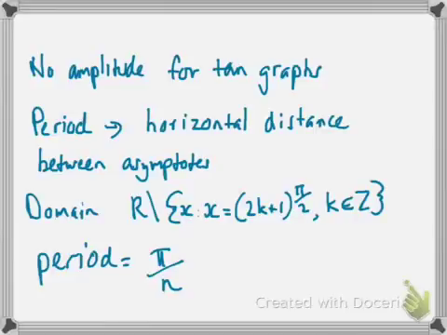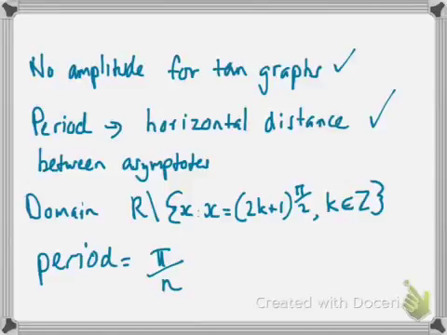There's no amplitude for tan graphs because they're not wave type graphs. The period, as I just mentioned, is the horizontal distance between the asymptotes. Now, complicated formula here for the domain.